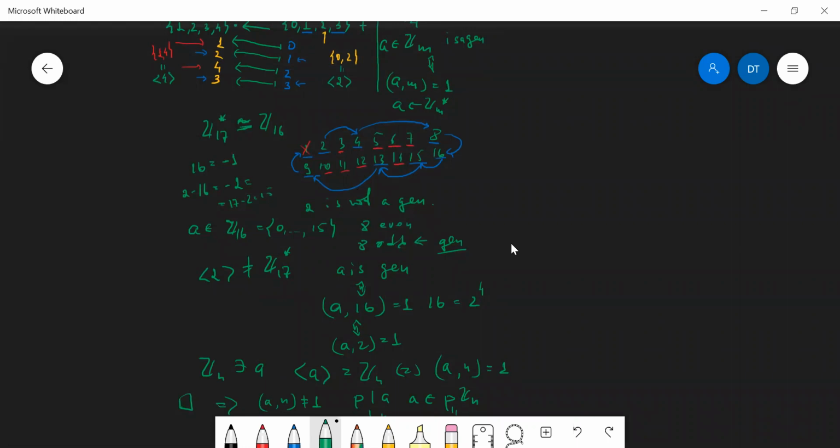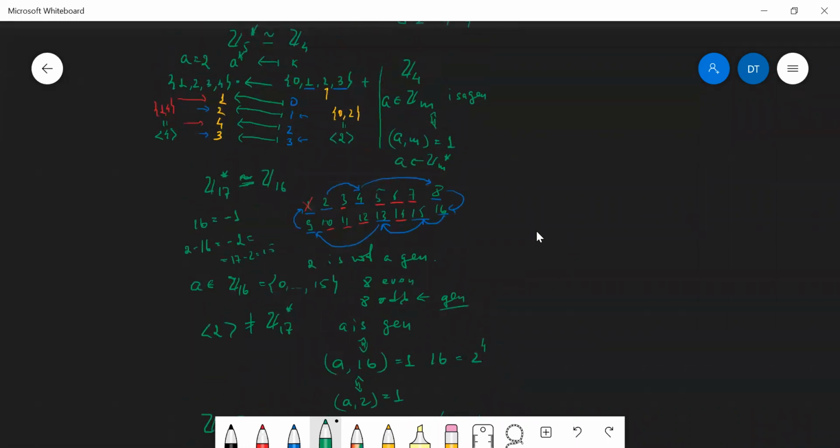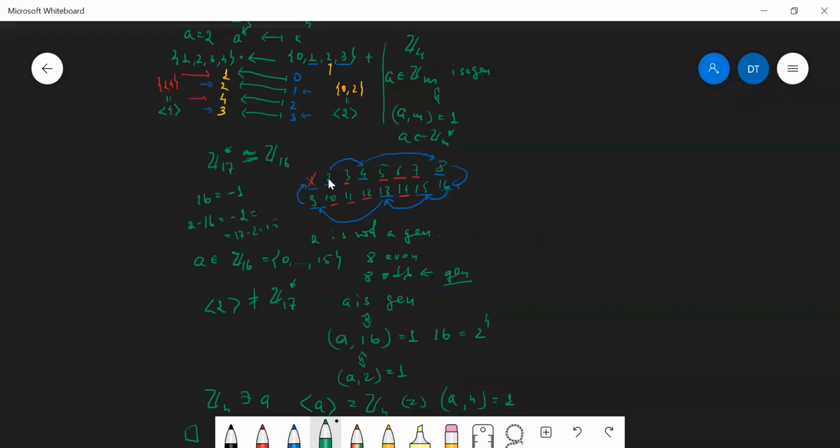In general, you just pick an element from your group, start raising it to a power, and see if it's a generator or not. If it goes through all the elements, then that's your generator. If not, you may use a trick like that, or if your tricks do not work, just take a different element, and with a high probability it will work.